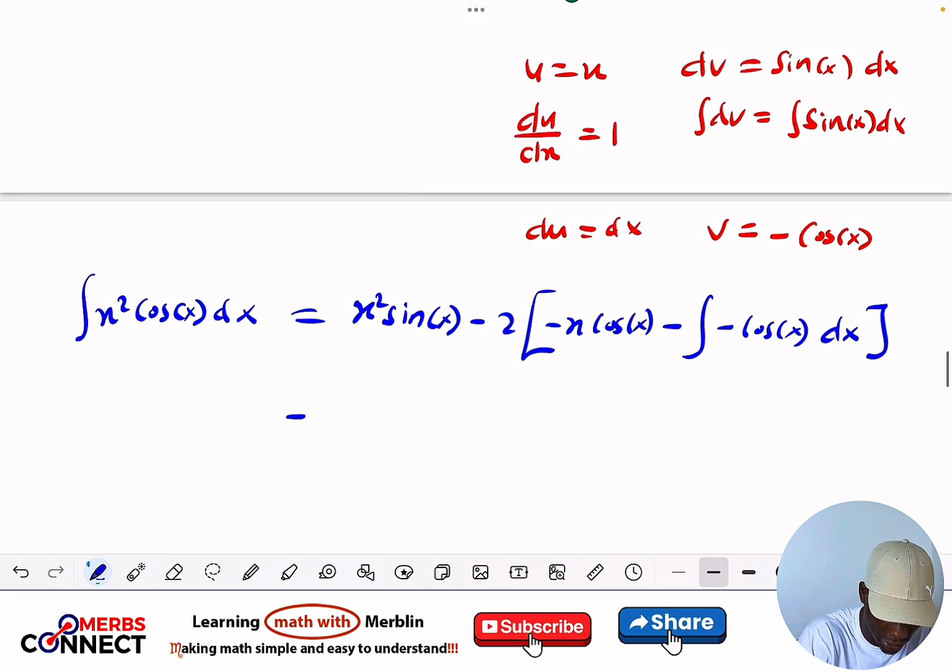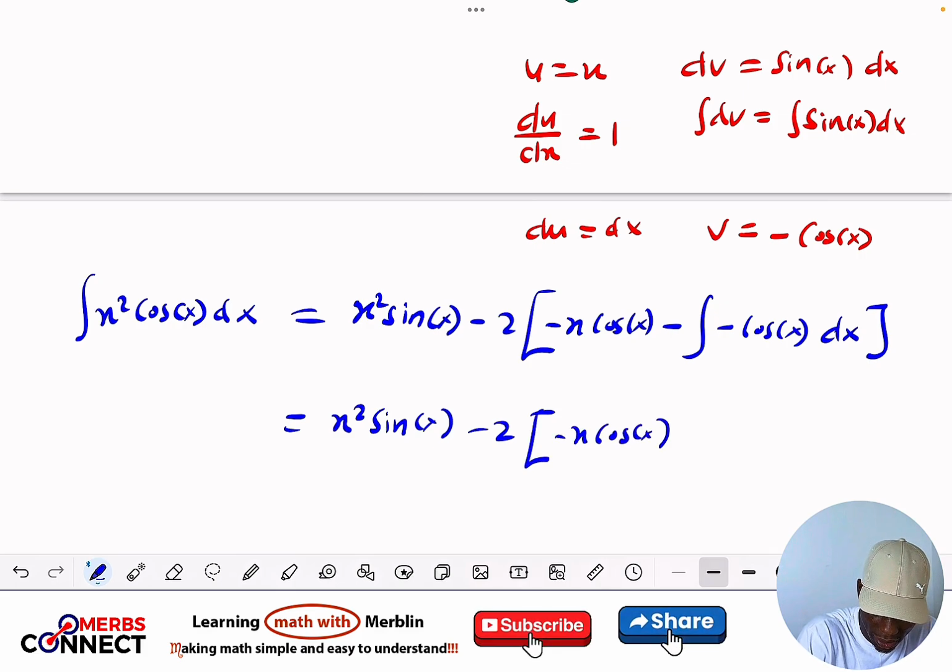So this is what I'm going to get: x squared sine x, then minus 2 times minus x cos x, then plus the integral of cos x dx.